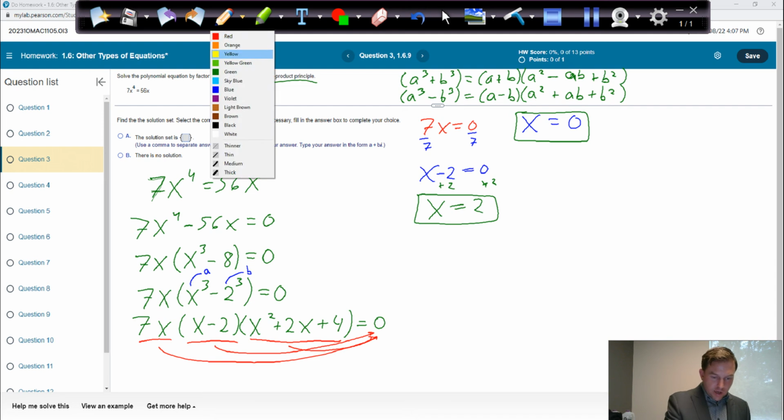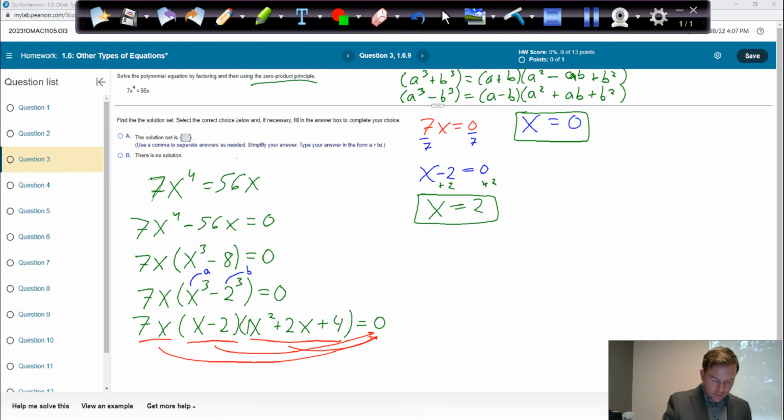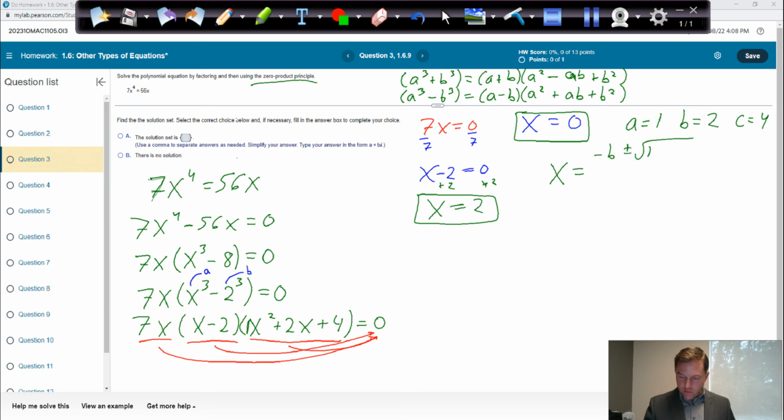We recognize there's a 1 in front of the x squared, so a is 1, b is 2, the number in front of the x, and c is 4. The quadratic formula tells us that x is equal to minus b plus or minus the square root of b squared minus 4ac, all over 2a.